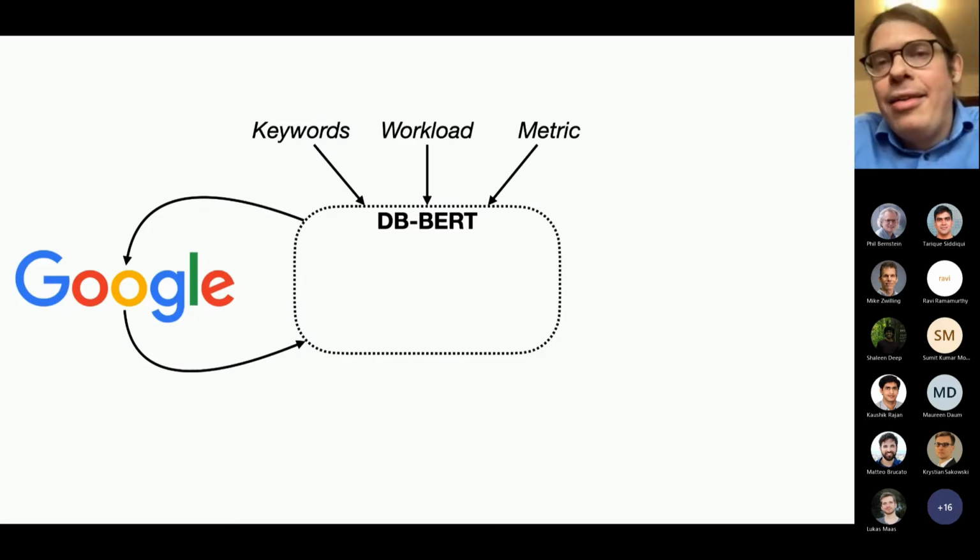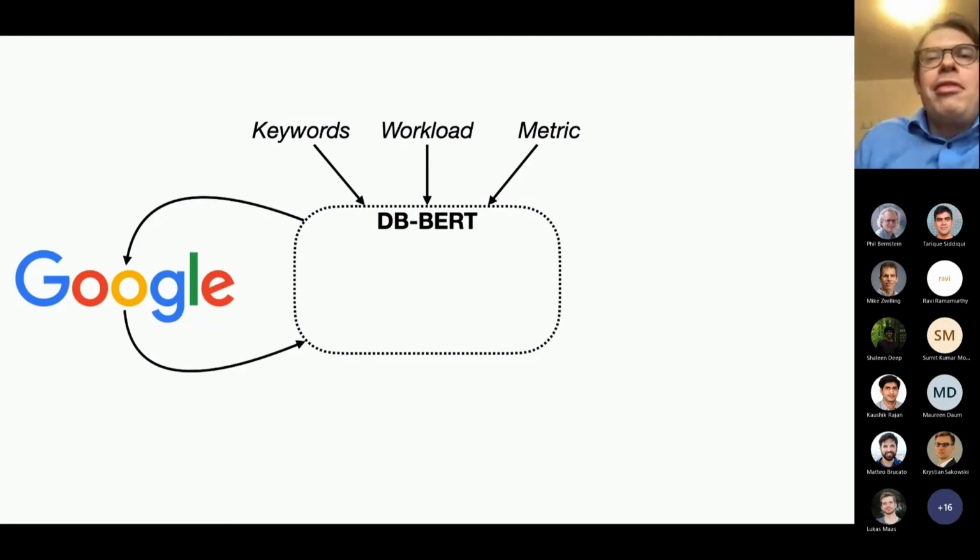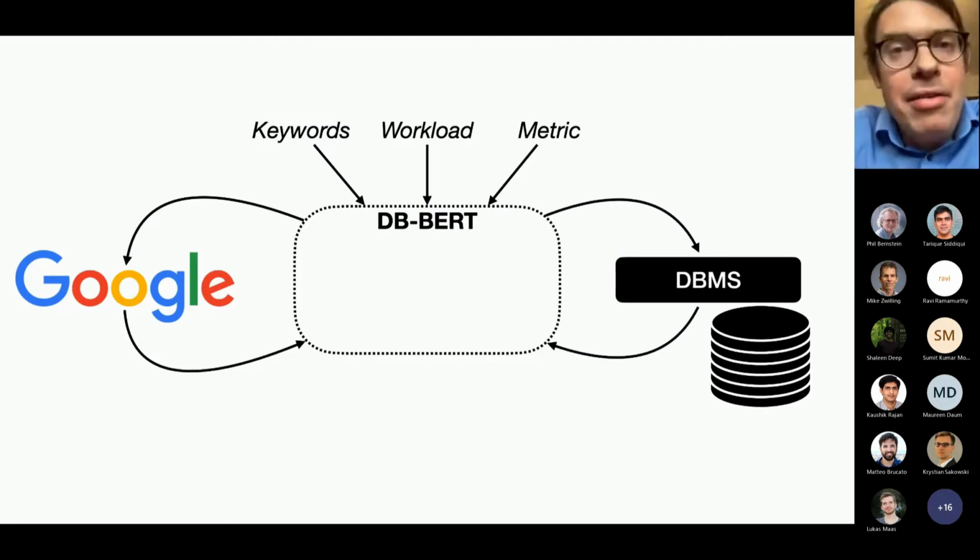Of course, the recommendations that we find on the web are not always reliable, and they may not apply to the specific scenario that we are currently interested in. In order to resolve that, DB-BERT executes live trial runs with a database instance and a sample workload in order to benchmark the performance that we are getting with specific parameter settings.